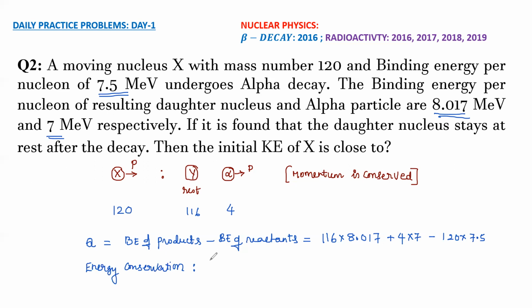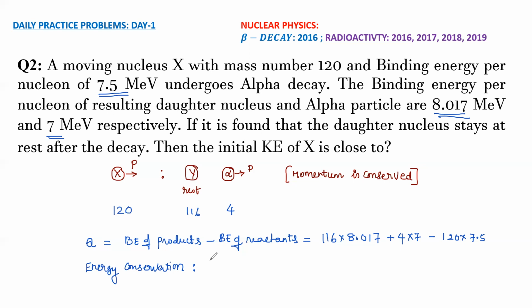So those of you who would like to equate the energy before and energy after, you better equate the kinetic energy plus mass energy before reaction and kinetic energy plus mass energy after reaction. But binding energy plus kinetic energy, that cannot be conserved, because binding energy is the amount of energy required to break the nucleus.